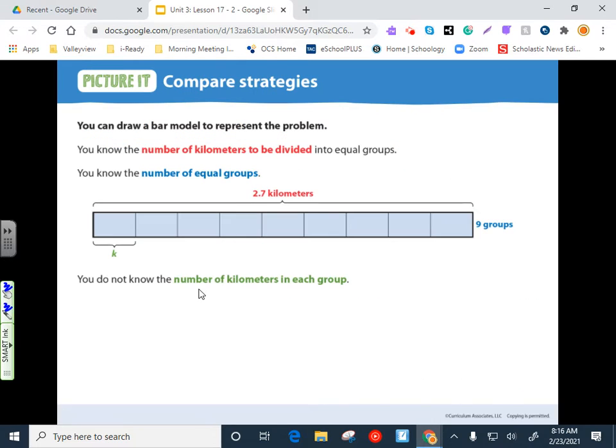If you turn the page, you could draw a bar model, to get a more visual depiction of it. So you've got your 2.7 kilometers here, and it's split up into 9 equal groups. And we figured out that this letter K is basically talking about kilometers.